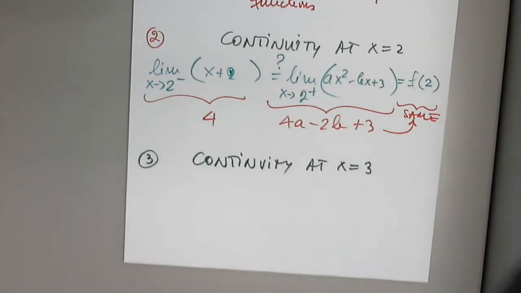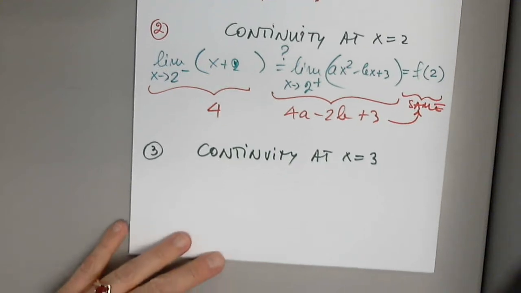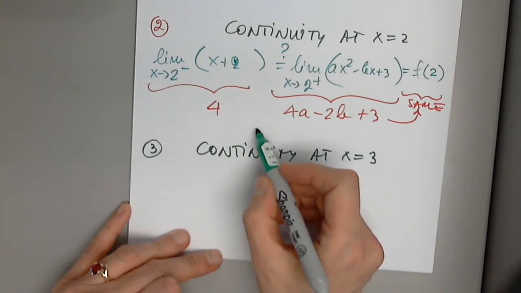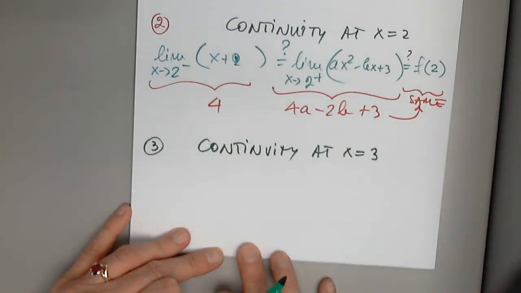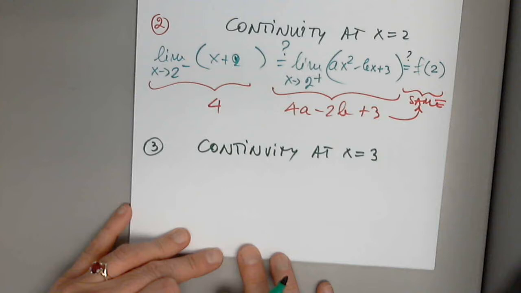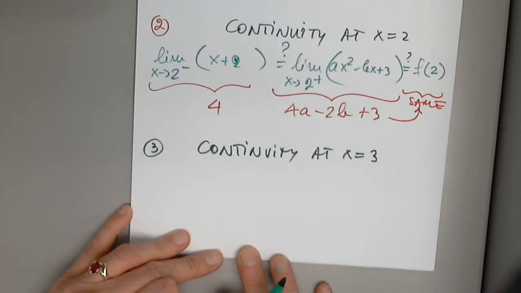So can anyone give us the first condition that a and b have to fulfill for the function to be continuous? I want to write the equation and box it in. What has to happen for the function to be continuous at x equals 2?